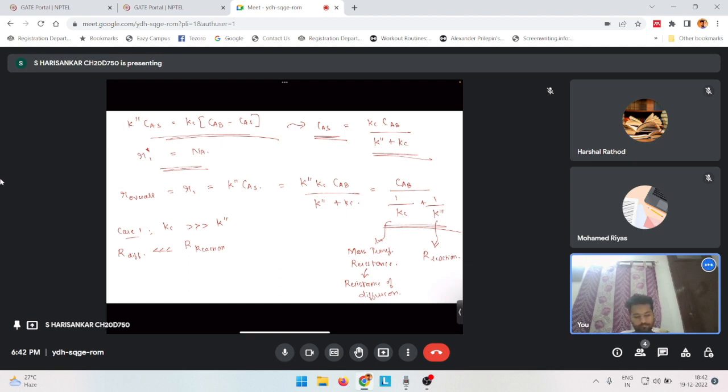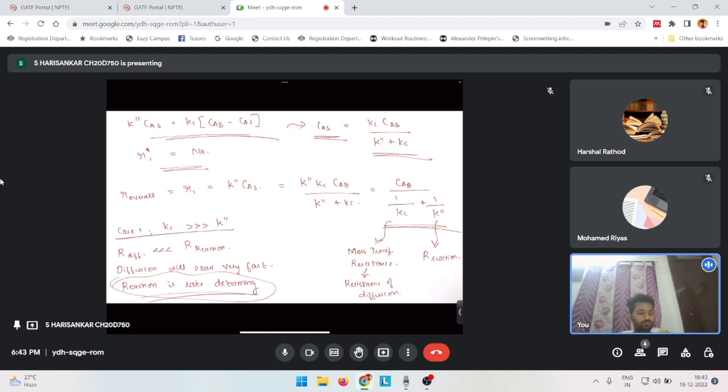Resistance of diffusion being less means diffusion will occur very fast and reaction will occur very slow. So what does that mean? Reaction is rate determining because it is the slower step out of the two, right?